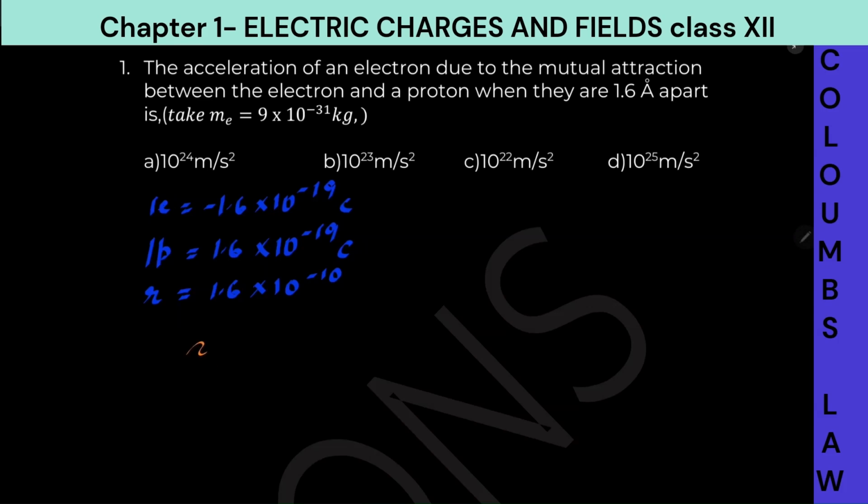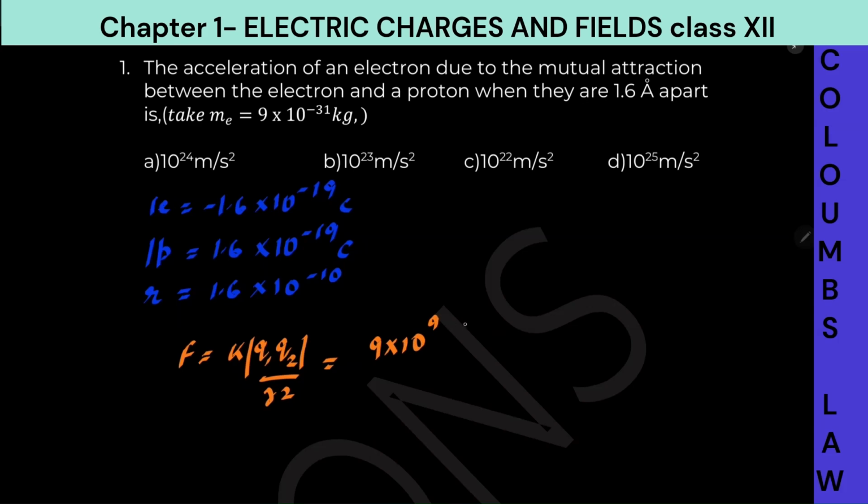So our force formula, Coulomb's force, is F equals K Q1 Q2 upon R square. Be very careful, this is a magnitude, so we don't take the negative sign here. Let's substitute the values. K is 9 into 10 to the power 9.